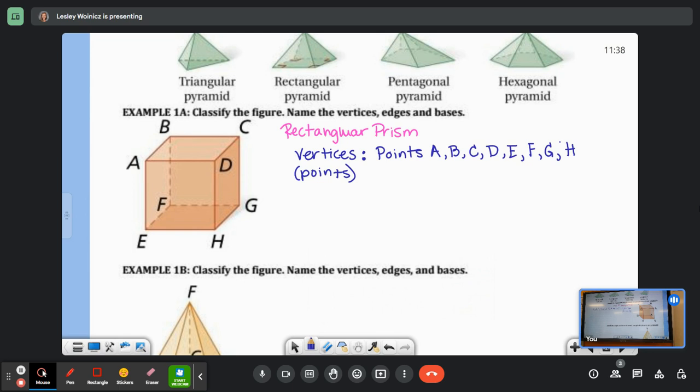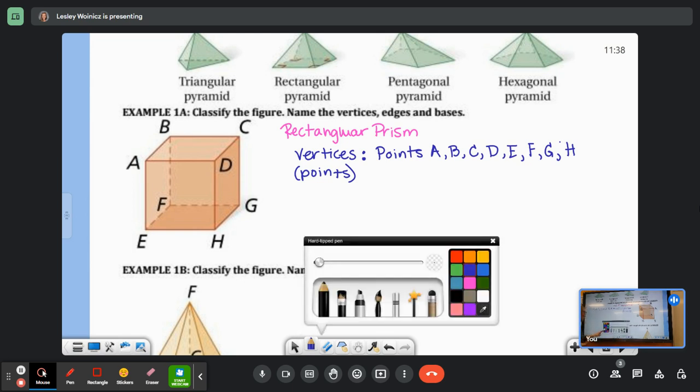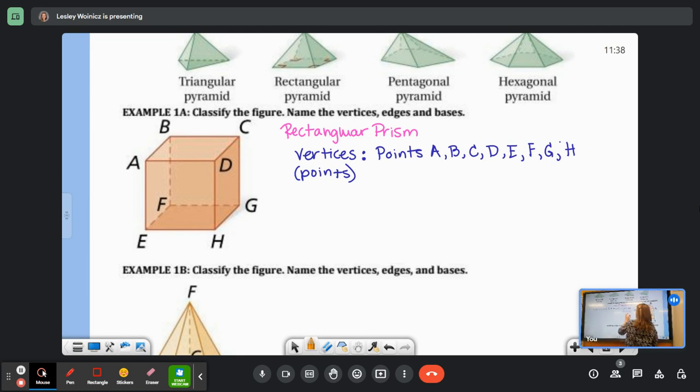Okay. Edges. Okay, this is going to be exciting. We've got to get them all, so be ready to make quite a list. So the edges, these are our segments. These are the segments where our faces intersect.